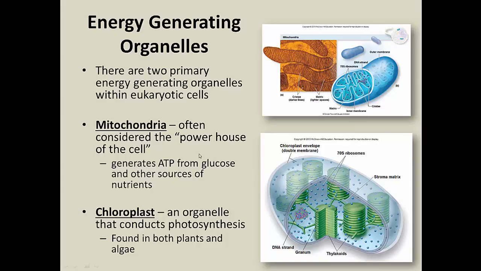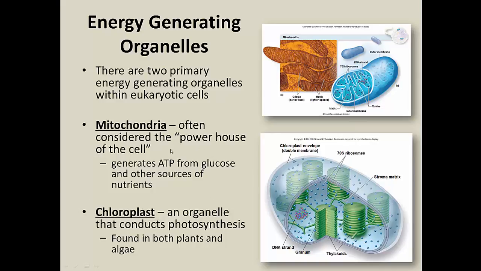So the difference between an animal cell and a plant cell or an algae cell is that an animal cell has to get glucose from another source. This goes back to the fact that they are what we often refer to as a consumer. They have to actually eat something in order to get glucose. Plants essentially make their own glucose. So all they have to do is sit out in the sunlight and absorb enough energy from the sun, along with water and other nutrients, to make their own glucose.